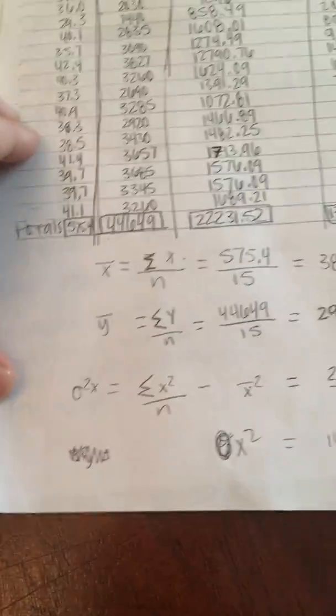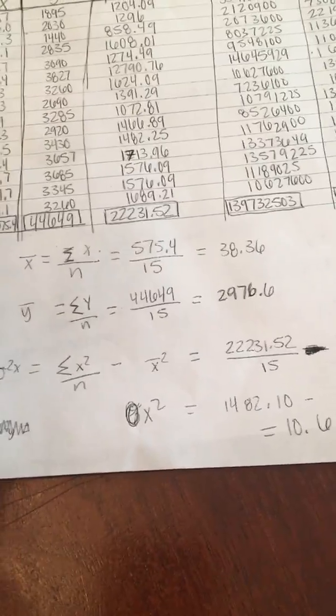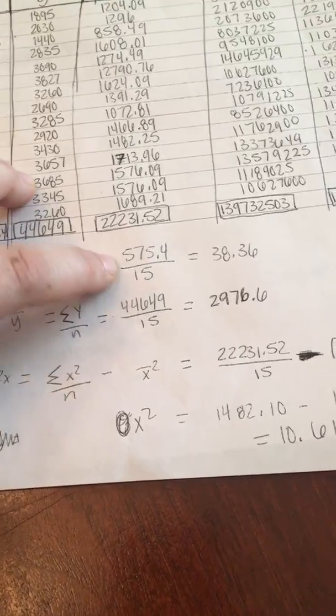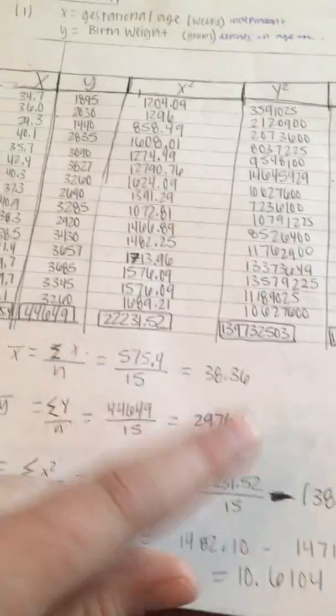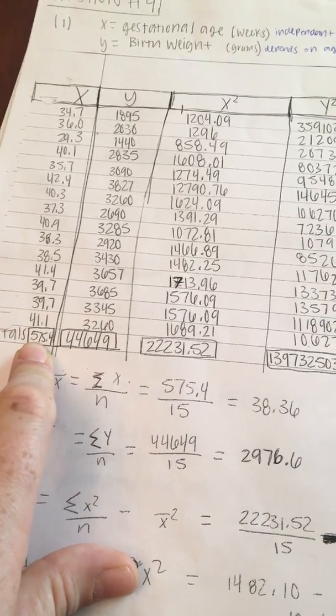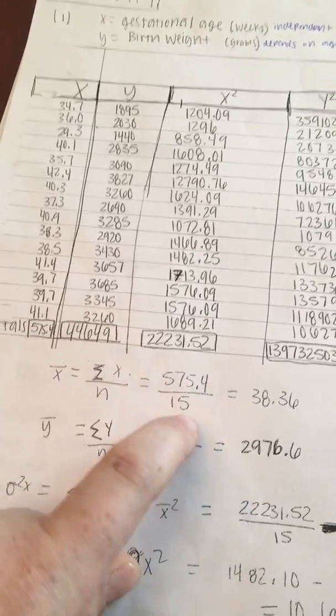There's an easy way if you don't want to put it all into one equation. You can also do the sum of x over n, which is 38.36. I found that because the total sum of x is 575.4, and n is 15, because we're involving 15 infants.